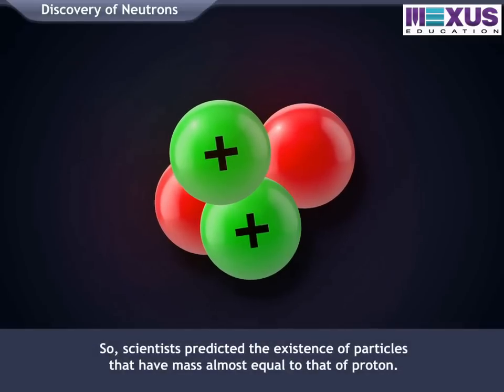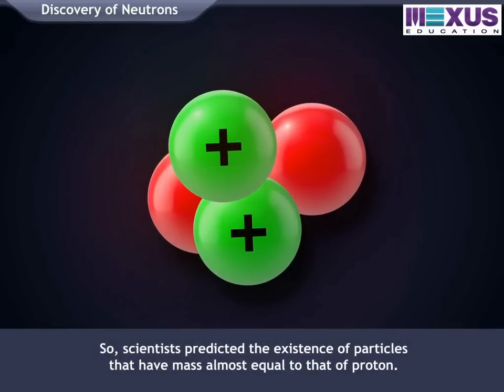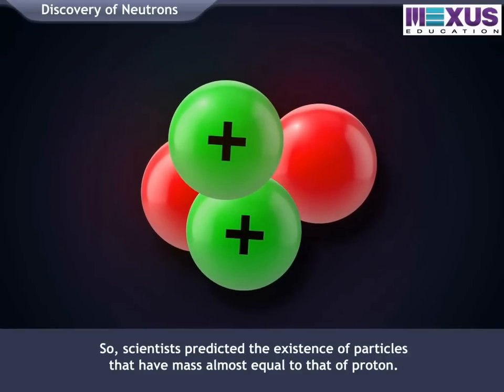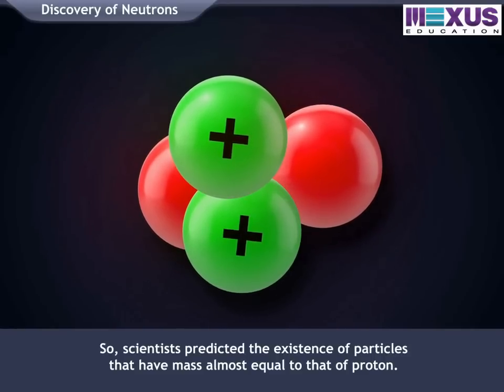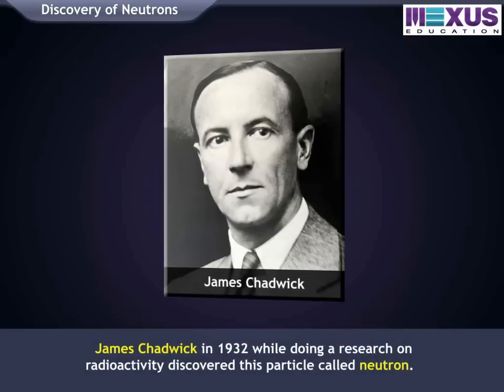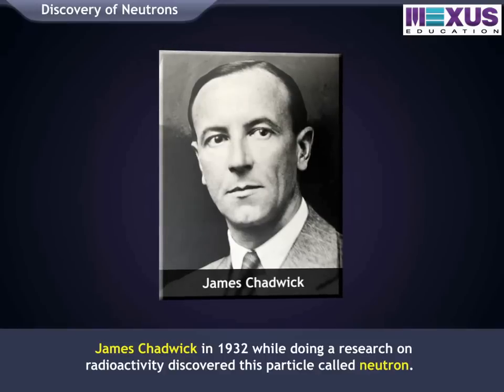So scientists predicted the existence of particles that have mass almost equal to that of a proton. James Chadwick in 1932, while doing research on radioactivity, discovered this particle called neutron.